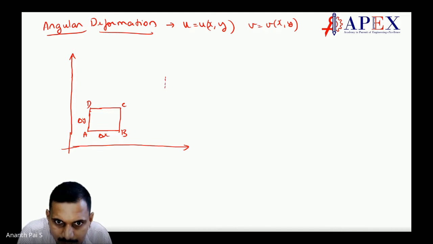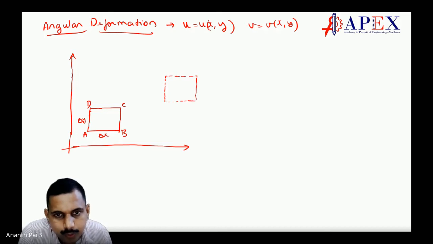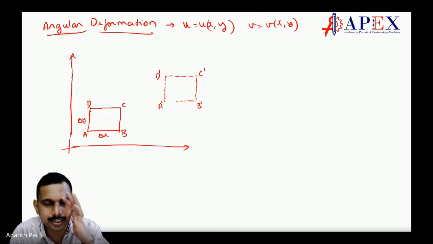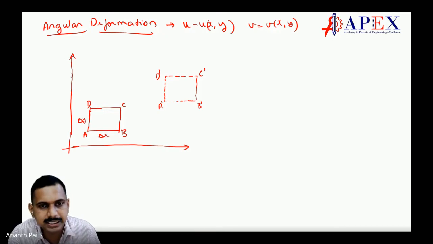Had it gone here, it would have the same ABC, it would go to A dash, B dash, C dash, D dash. That would be the translating position, correct? If it had translated, it would have moved.